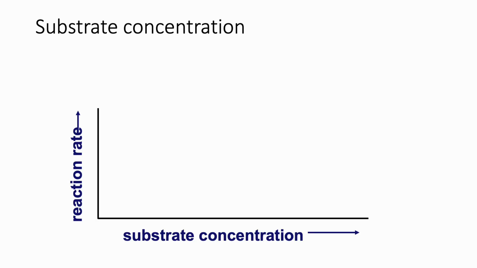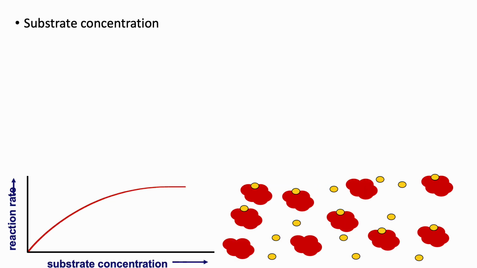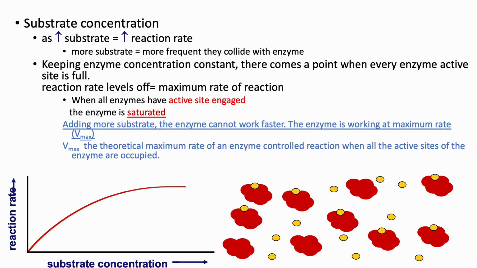Now looking at how the substrate concentration increasing is going to affect the rate of the reaction. Again, you have this curve that's occurring where you have the increase in the curve, it's occurring very quickly, and then again it's going to eventually level off. This is because as the substrates increase, there's an increase in the rate of the reaction.